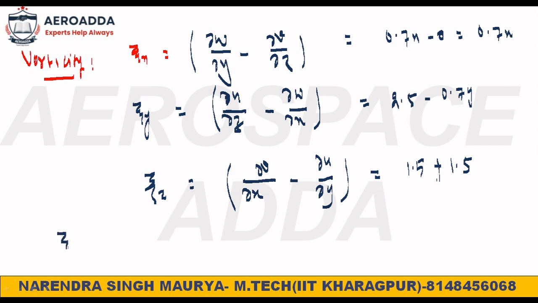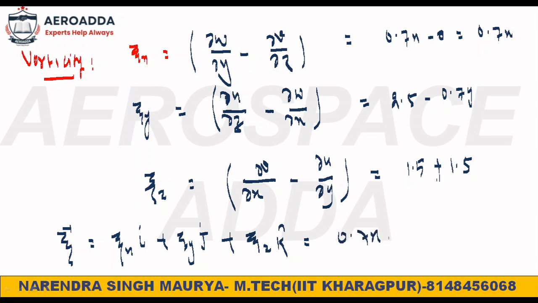Now what is the vorticity? Xi vector I had given to you, xi x i plus xi y j plus xi z k. Now you just write properly, so it will be 0.7x i plus 2.5 minus 0.7y j, okay, plus 3k.